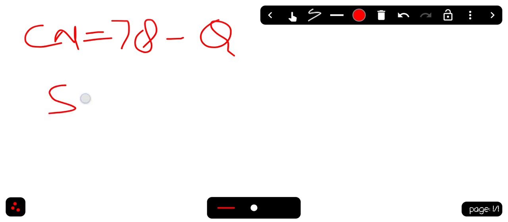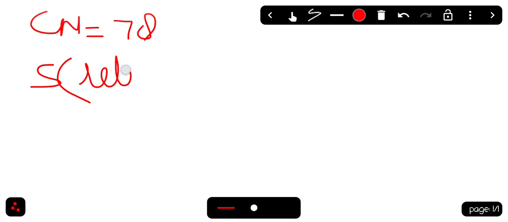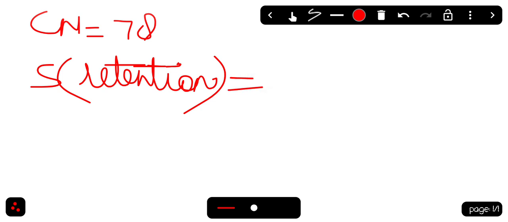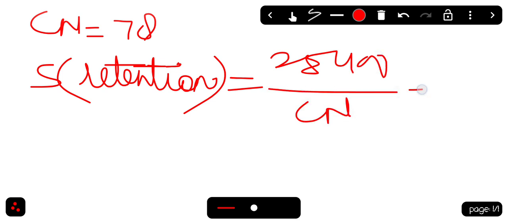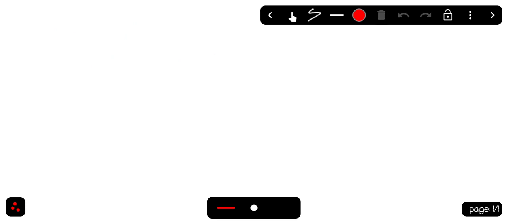There is an equation for retention, S: S = 25400 / CN - 254. Here S is the retention, meaning the loss; water may be retained in ponds and so on. You put 78 in place of CN and you will get S.